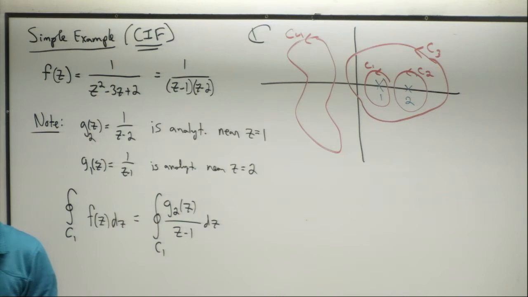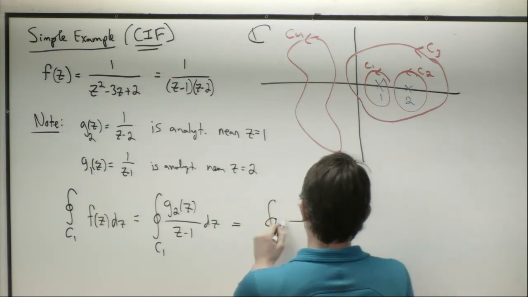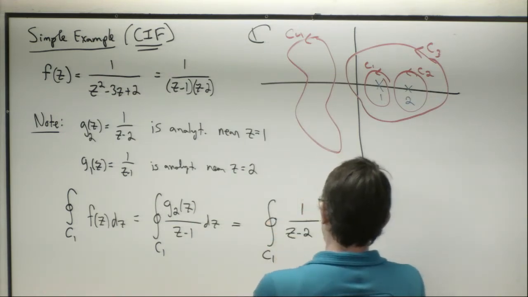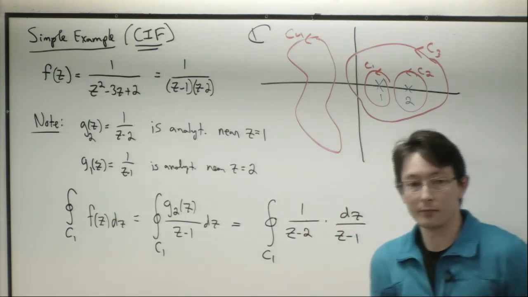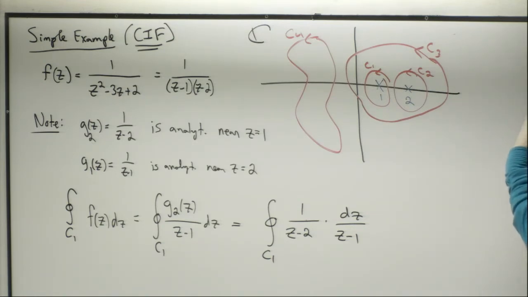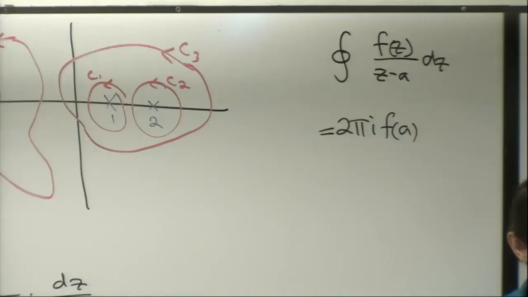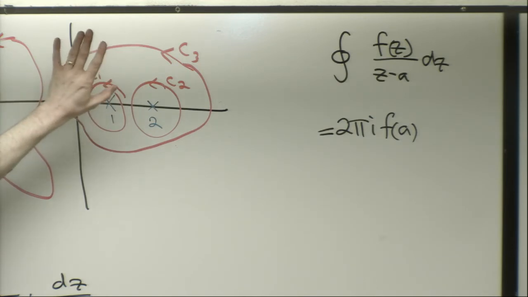Let me write it out long ways. This is the contour integral around C1 of 1 over z minus 2 times dz over z minus 1. Remember our Cauchy integral formula. We have this integral of f of z over z minus a dz equals 2 pi i f at a. Okay, so we're just doing this little contour integral here over one pole.